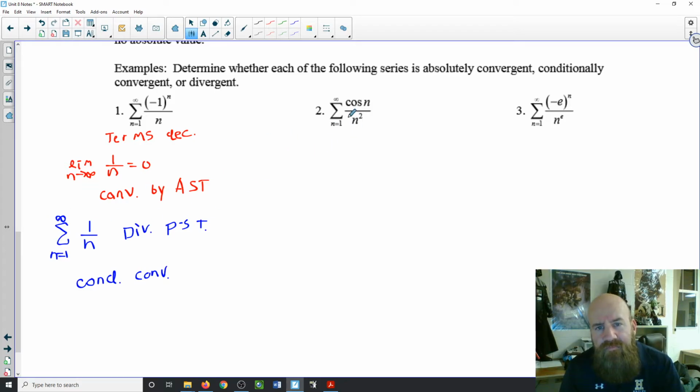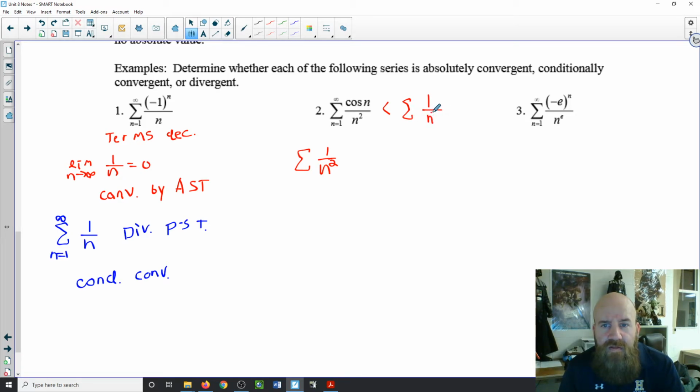Now the next one, a little trickier. First thing we need to do is look at the original. We're going to do a comparison test, direct comparison. So let's compare it to 1 over n squared. And if you think about it, 1 over n squared is larger than this series.